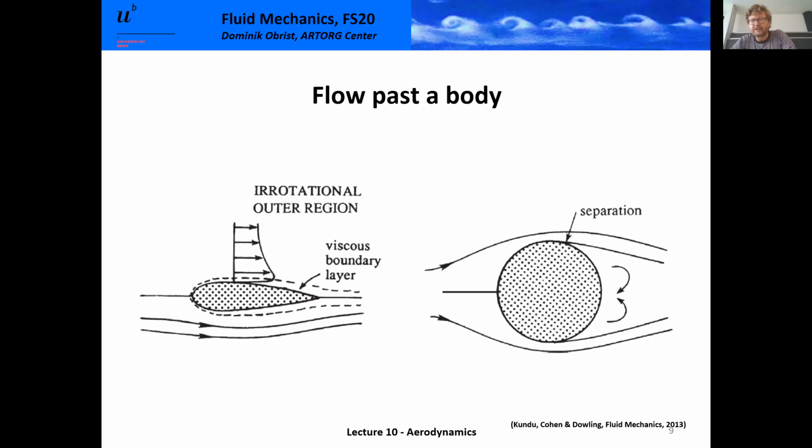You should remember that the boundary layer is actually very good to predict the local shear forces, and that the outer flow solution is quite good in predicting the velocities in the outer flow field, at least on the windward side, on the upstream side.